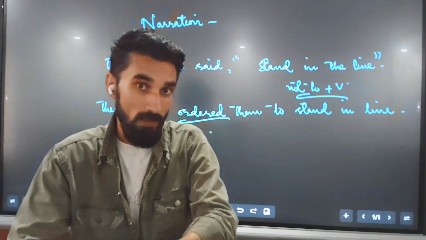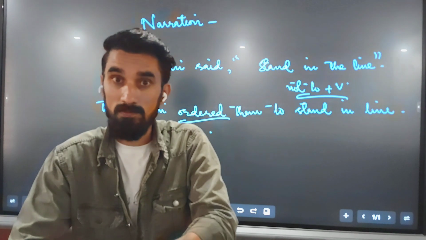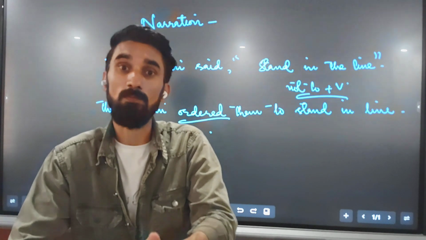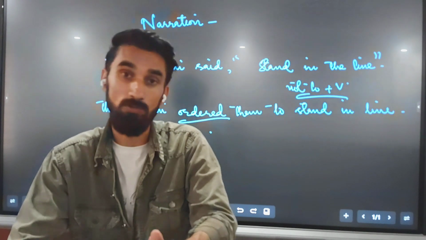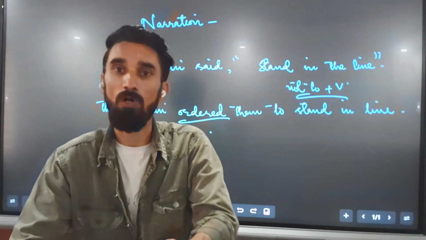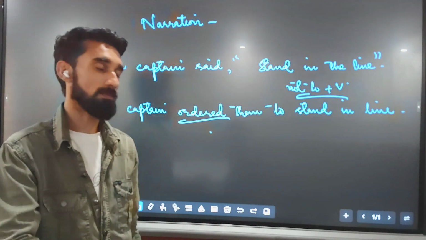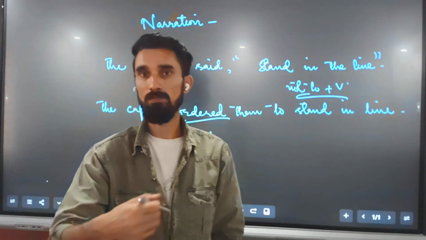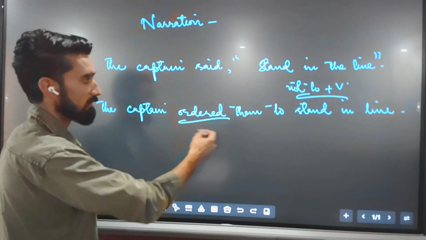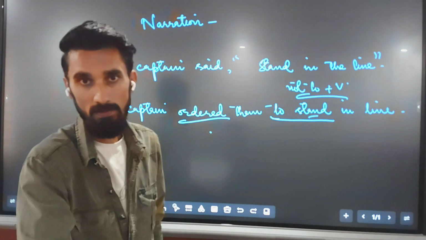I asked them not to go there, not like I ordered them to not go there or to not to go there. This will be incorrect. You have to put to after not in case of a negative sentence. And in case of an affirmative one, to will be placed before the verb, like I have used it here. Stand is a verb and to is used before it.